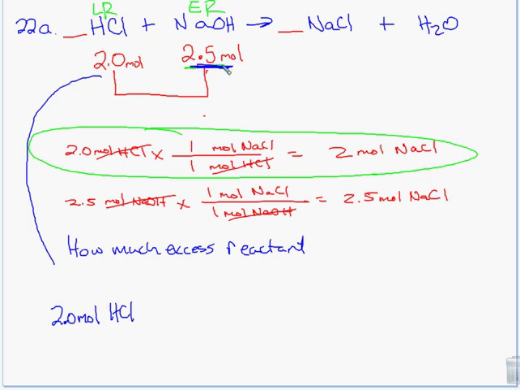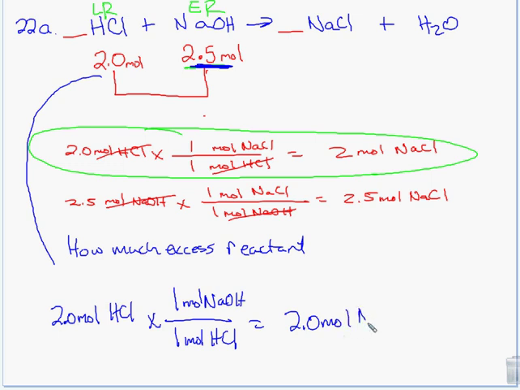We know we have 2.5 moles, but we're not going to use all that. That's because we're going to have excess. So how much do we actually use? How much combines with 2.0 moles of HCl? So we multiply by the molar ratio, which is 1 to 1 in this instance, 1 mole NaOH over 1 mole HCl. And we get how much will actually be used?